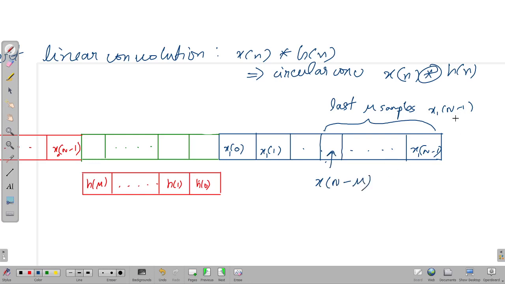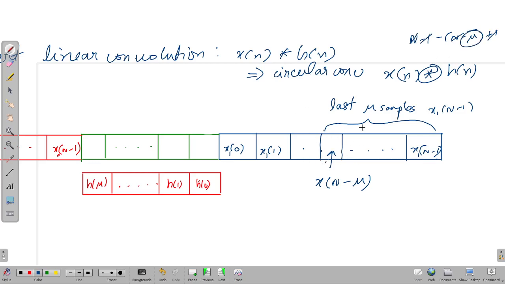So in total, how many samples do I have? This minus this plus 1, right? So n minus 1 minus n minus mu plus 1. So n and n get cancelled, minus 1 and plus 1 cancel. So I have mu number of sample points.